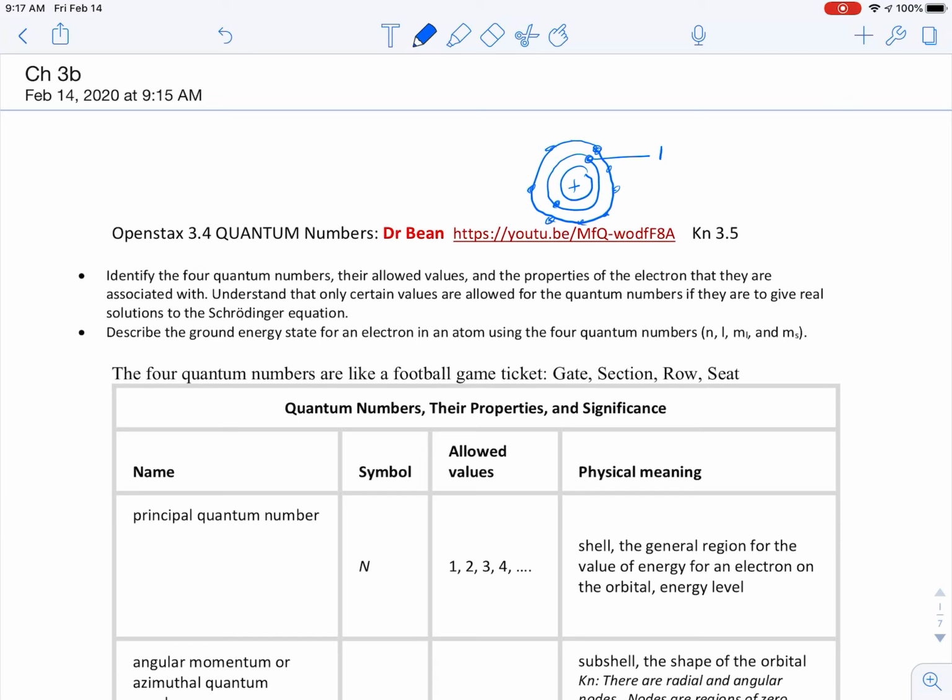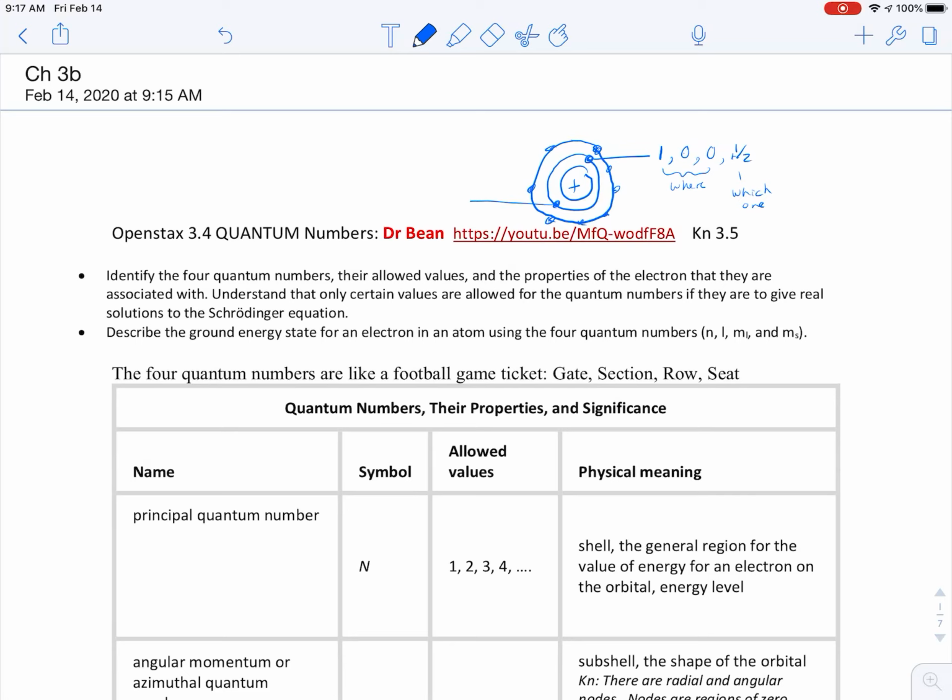It's kind of like saying that this is the ticket that this electron has. So first energy level, s orbital, there's only one type of s orbital, and then I'm talking about the up 1/2. So it's kind of like these ones are telling us where, and then this one's telling us which one.